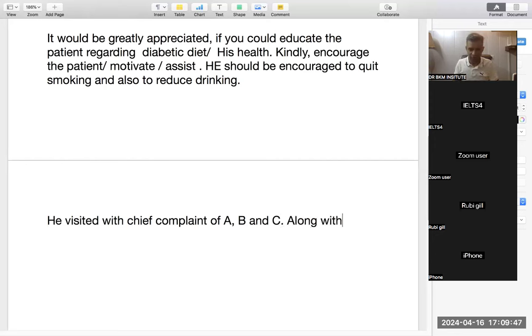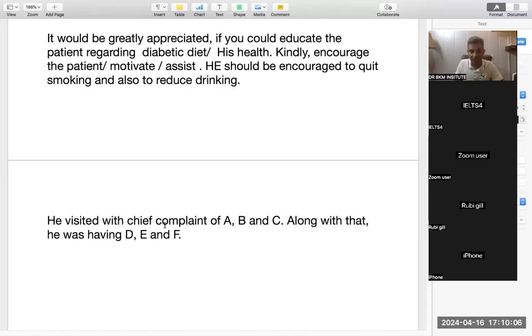Then this is the word you will use along with that. In the past tense, always use the word that: along with that, he was having D, E, and F. So if there are multiple symptoms, then this is the word you will use.